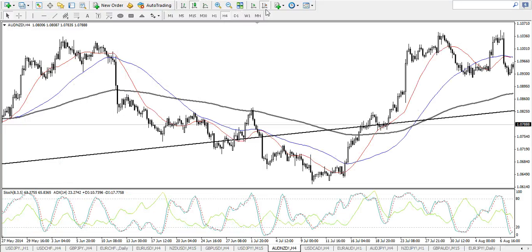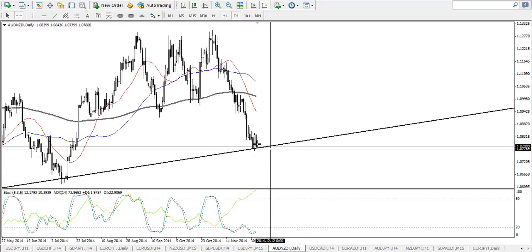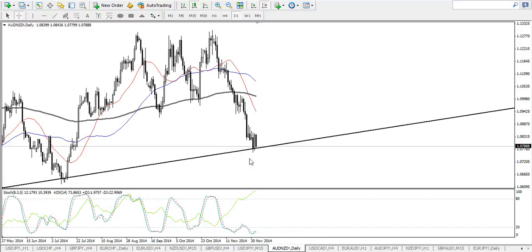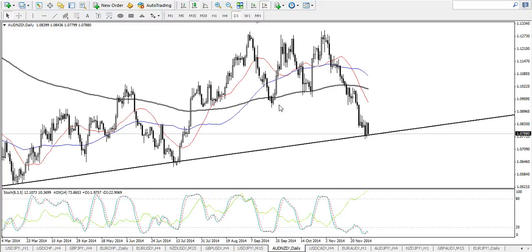But if you look at the technical aspects, right now, this is a strong support. So just take note what will happen next, and see if there's a setup to long Australia against the New Zealand dollar. But still, fundamentally speaking, the Australian economy is definitely weak, slightly weaker than New Zealand.